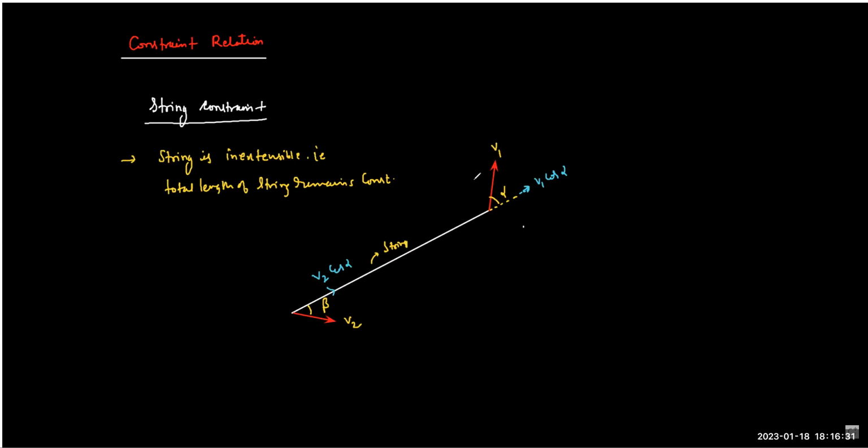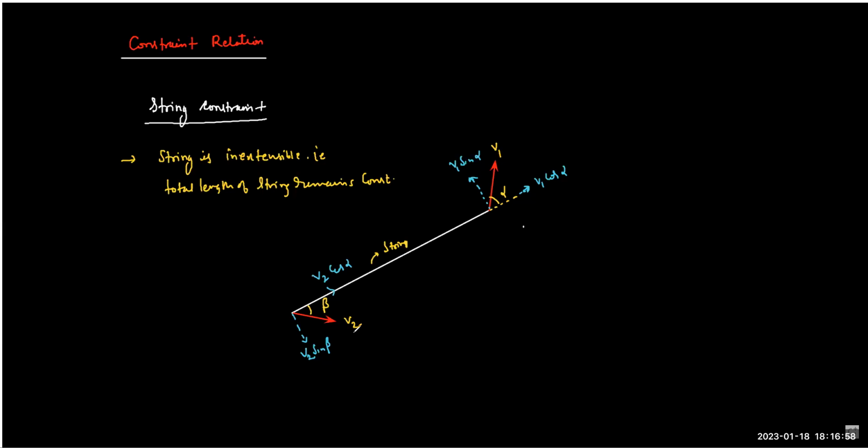Now, let's talk about the other component as well. The other component will be v1 sin alpha. Now you need to realize what is the role of v1 sin alpha or v2 sin beta. Is it going to affect the length of the string in any way? Is it going to stretch or compress? No, sir.